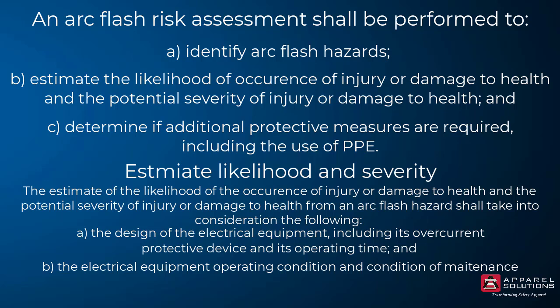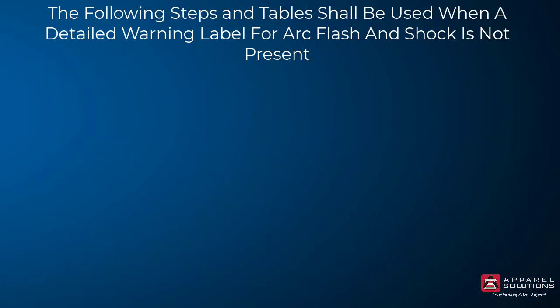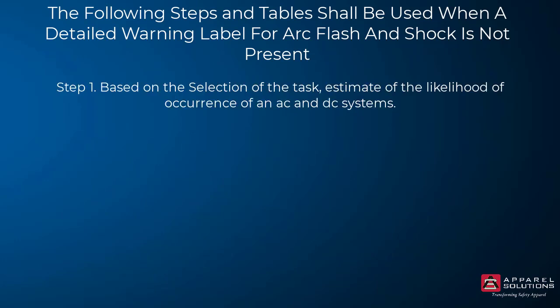When using this method, it is important to follow the following 3 steps. Step 1. Based on the selection of the task from Table 2 of CSA Z462, estimate the likelihood of occurrence of an arc flash incident for AC or DC systems. Step 2.